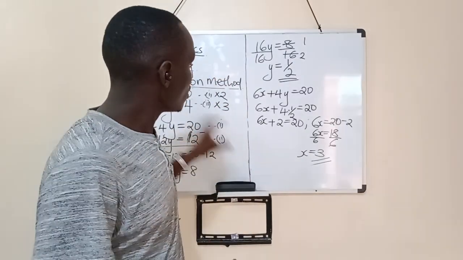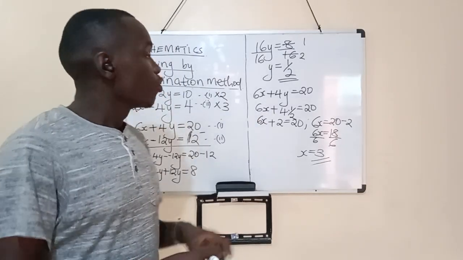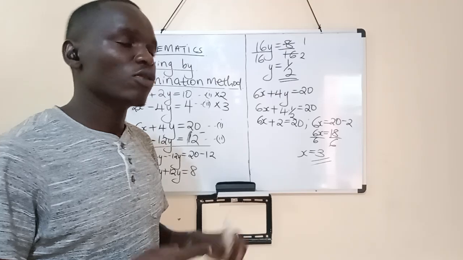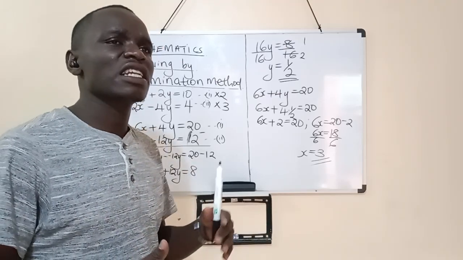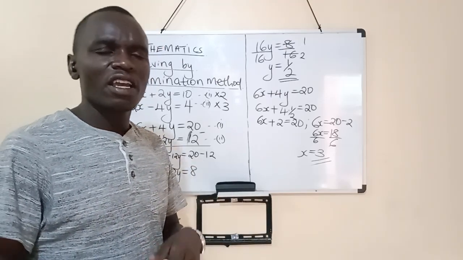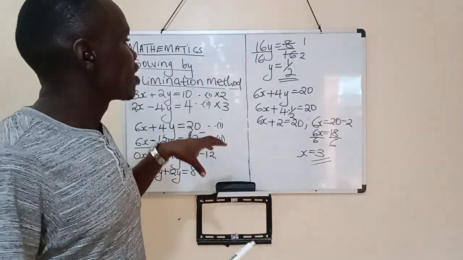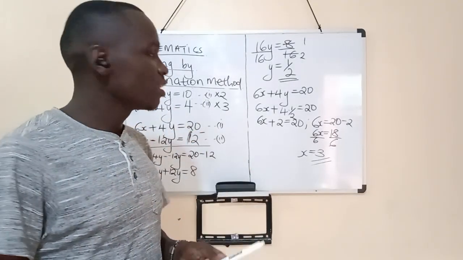This is how you obtain the value of both terms. They do not necessarily have to be x and y; they can be a, b, or any other letter, as long as they are unknowns whose values you are trying to obtain.